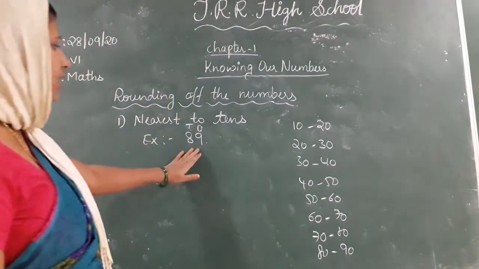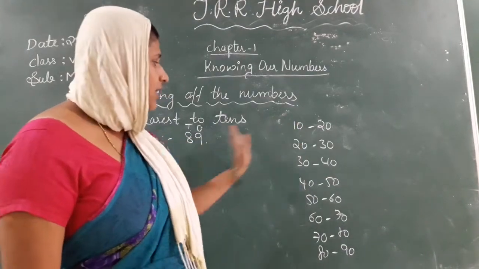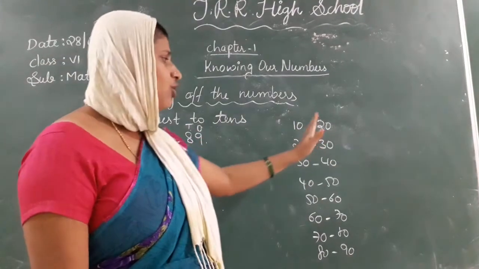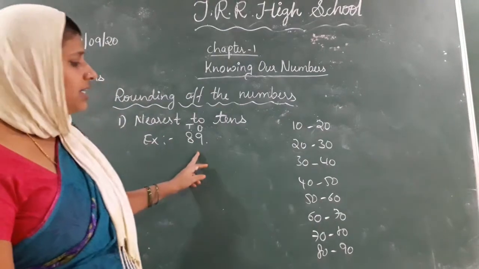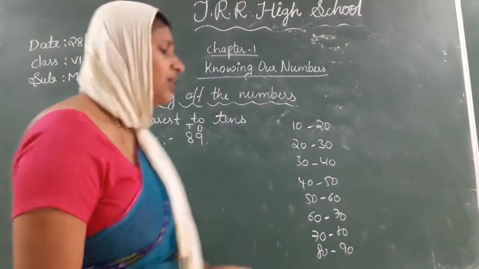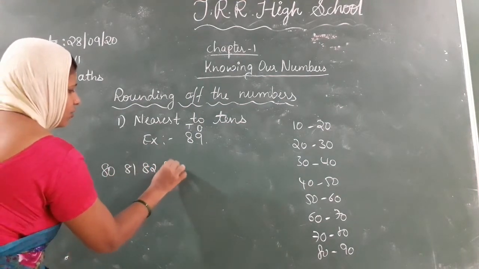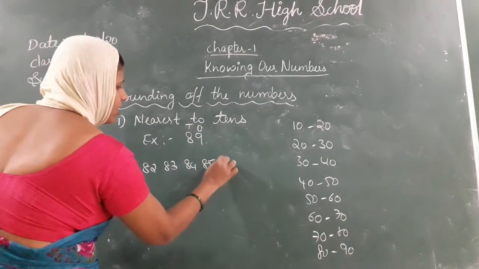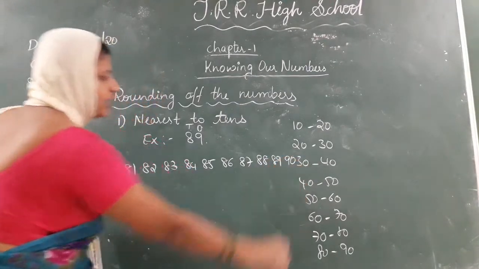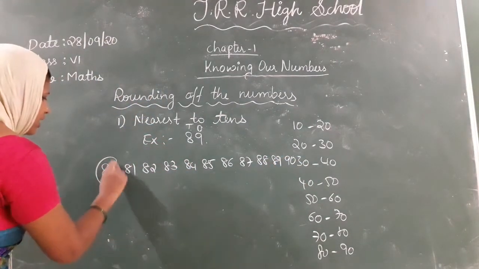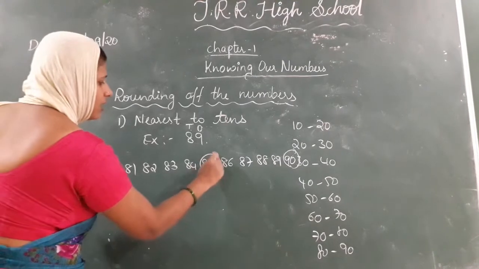Now, 89 lies between 80 and 90. So here you write down 80, 81, 82, 83, 84, 85, 86, 87, 88, 89 and 90. Clear? So always consider the 80 and 90 and in between the number 85.